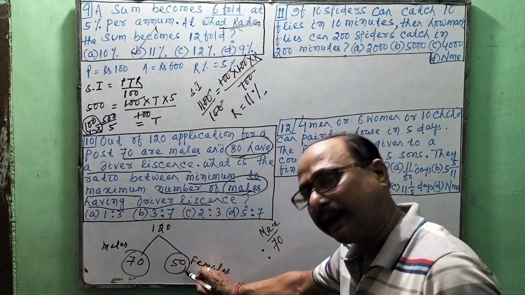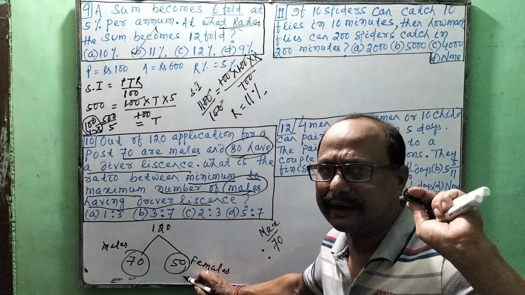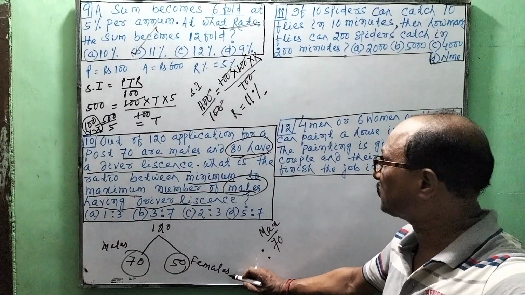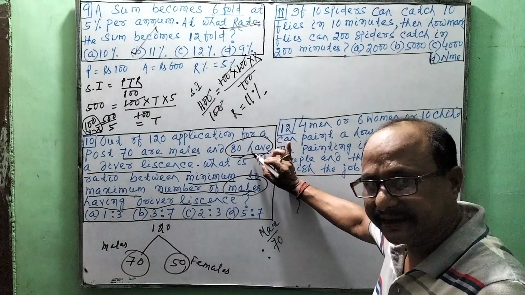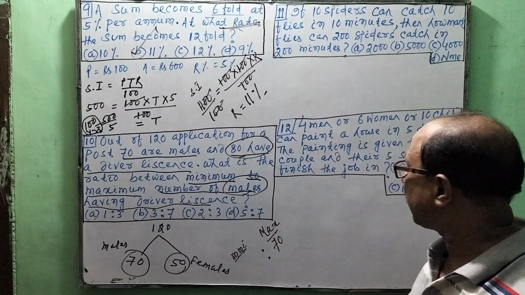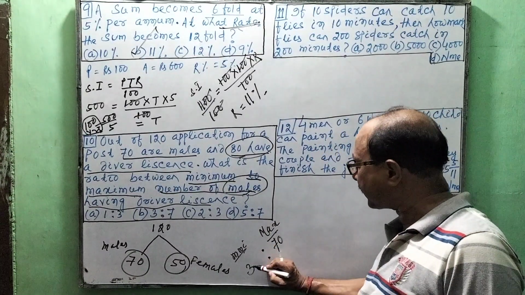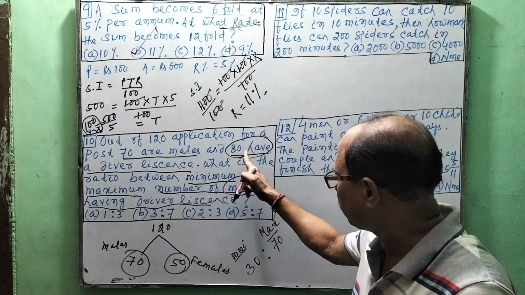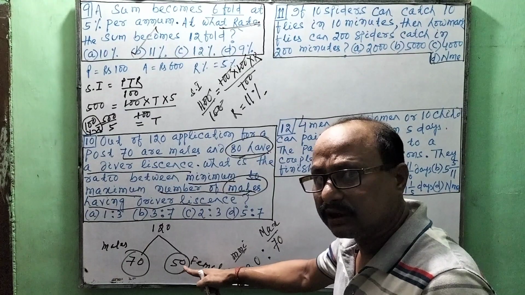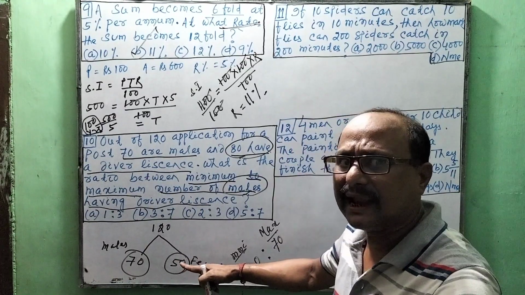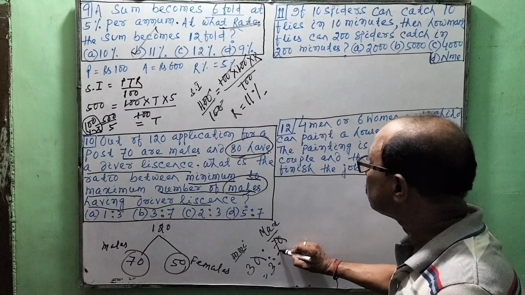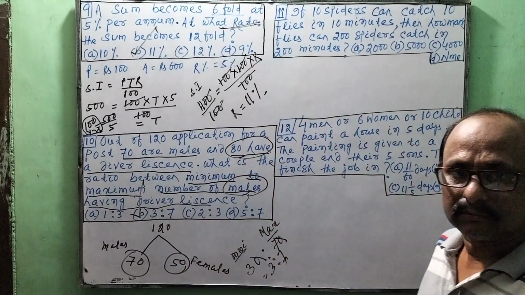Suppose all the females have the driving license. In this case, the minimum number of males with a driving license is 30. So the ratio is 3:7. Here is the answer.